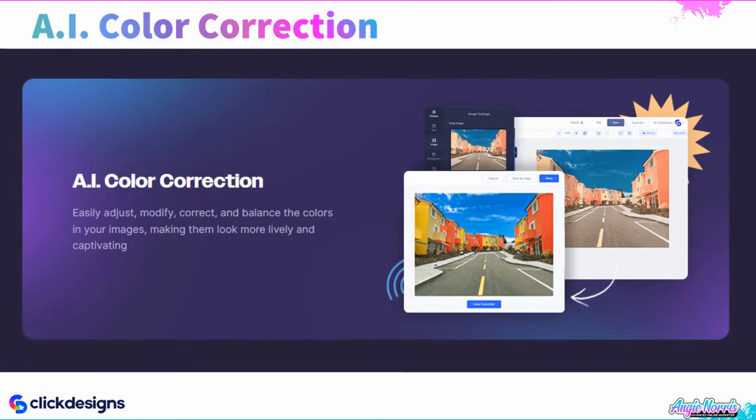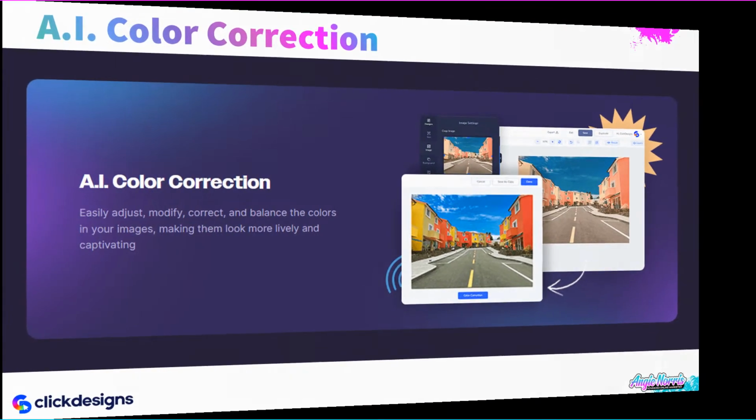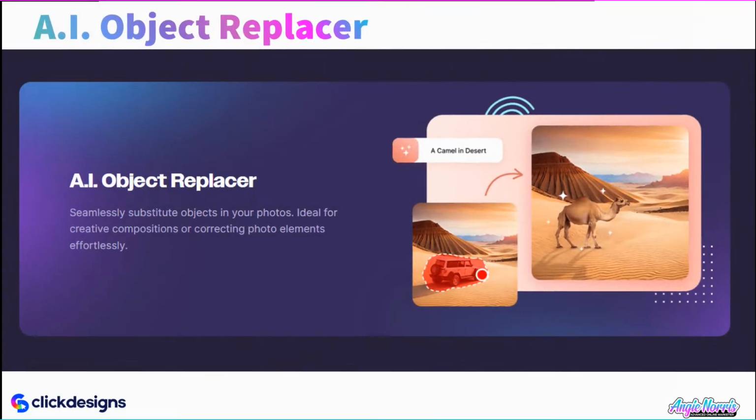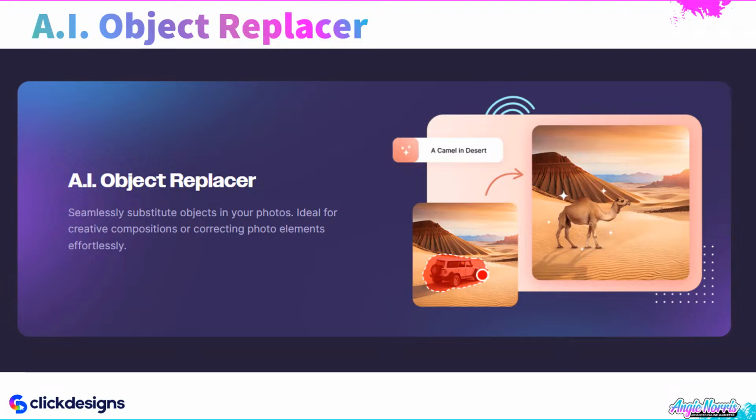AI color correction will make your images more vibrant. AI photo art can turn a photo into something really epic and very stock looking, meaning like it's editorial and it's cool and it's just retouched. It looks so professional. AI object replacer, which is also another great one.